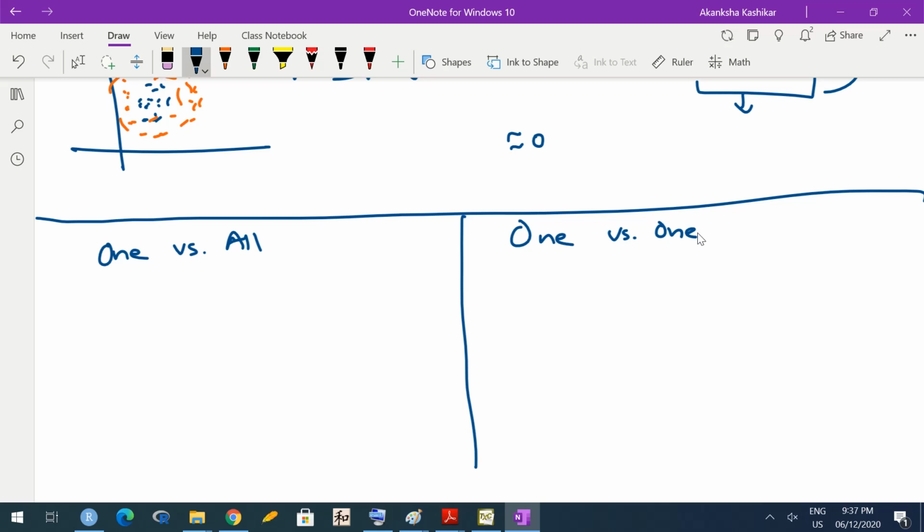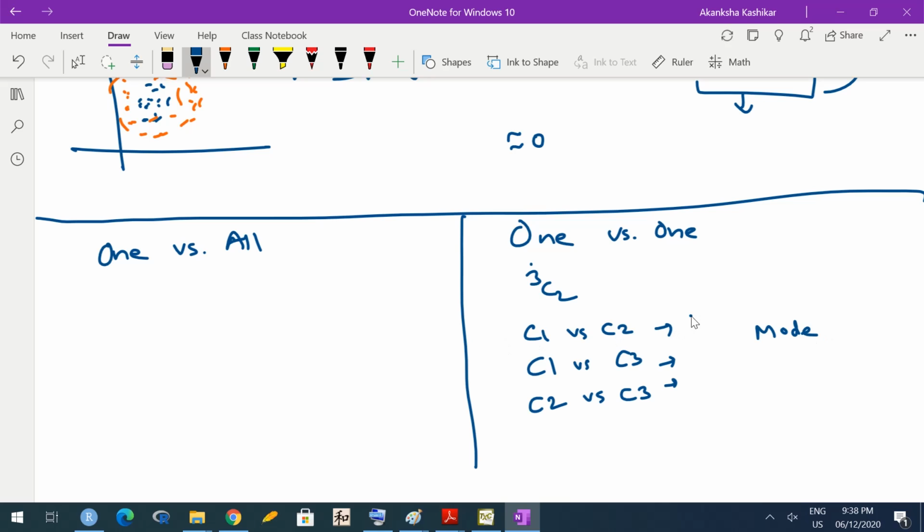What do I mean by this? Suppose I have three classes. Let me call them class 1, class 2, class 3. So what I can do is build 3 choose 2 classifiers, where 3 is the number of classes. Class 1 versus class 2, I build one support vector machine. Then class 1 versus class 3, I build another. And class 2 versus class 3, I build another. In each of these classifiers, I see where my observation ends up, and then I take the mode of the final classification.